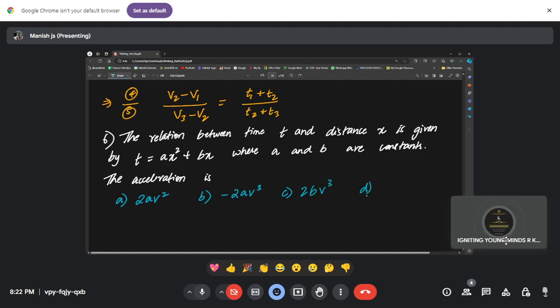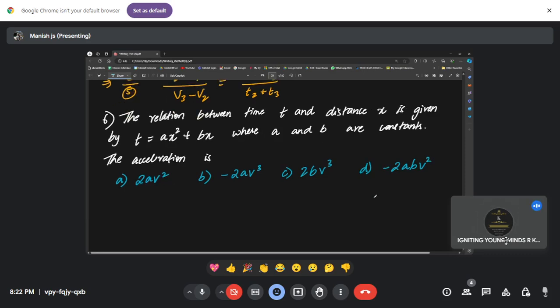And option D is minus 2abv squared. So you have four different options here for the given question. They have given you an expression of time: t is equal to ax squared plus bx, where a and b are constants.